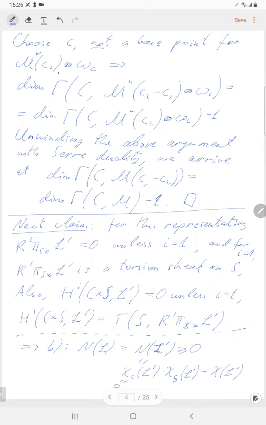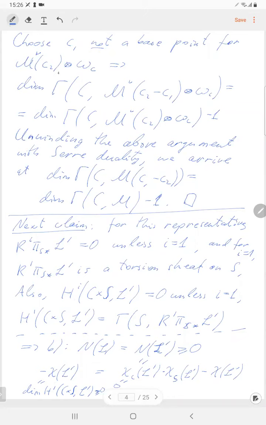Because the degree was g minus 1, so the Euler characteristic is 0. So this first summand is 0, and we get that the whole thing is just the negative Euler characteristic of L prime, but we know that L prime only has first cohomology. So this thing is just the dimension of the first cohomology with coefficients in L prime, and as any dimension, it is non-negative.